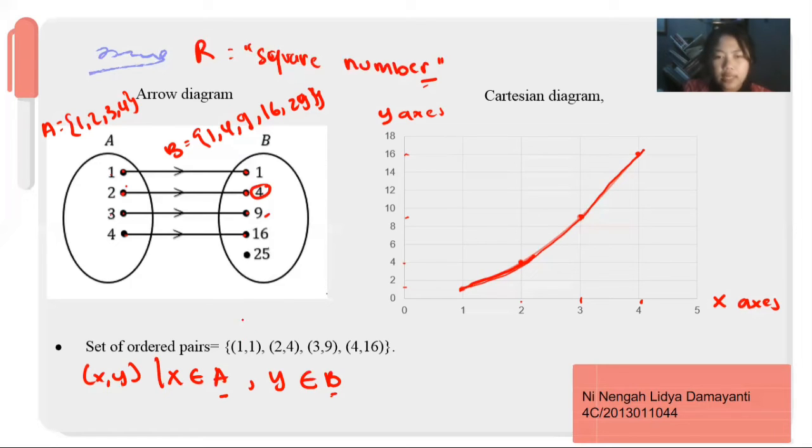This is the x element and this is the y element. So the conclusion, the set of ordered pairs in the same example is: (1, 1), (2, 4), (3, 9), and (4, 16).